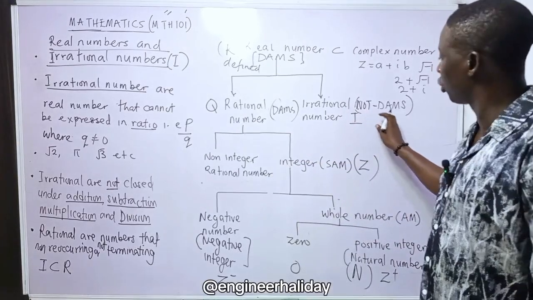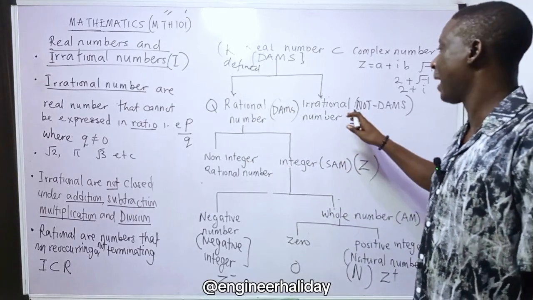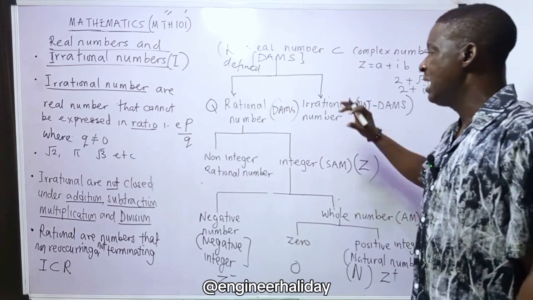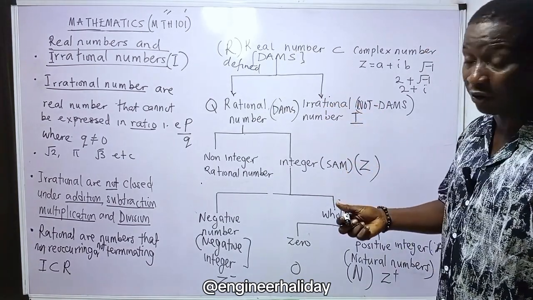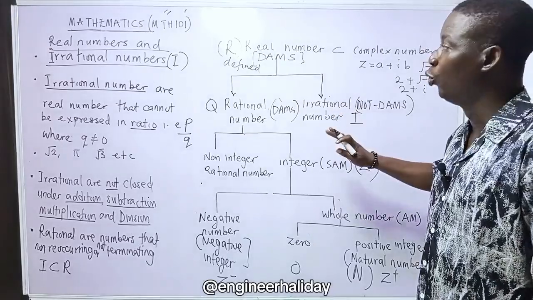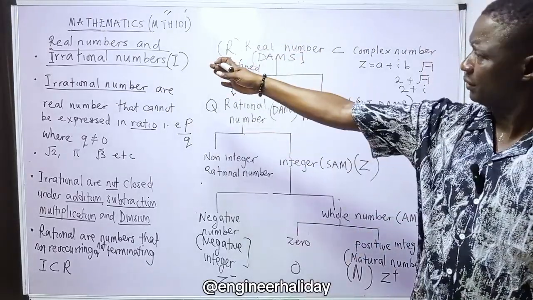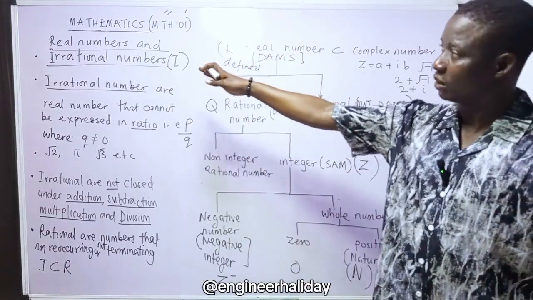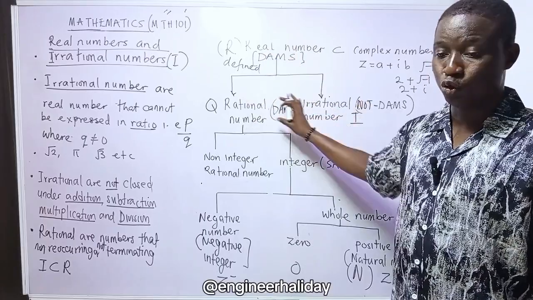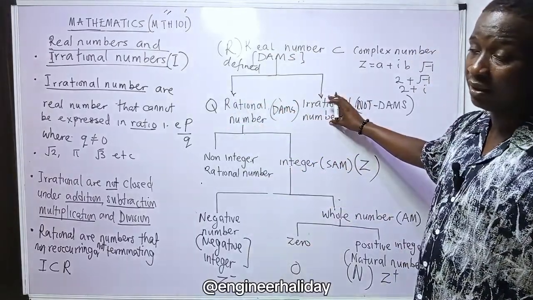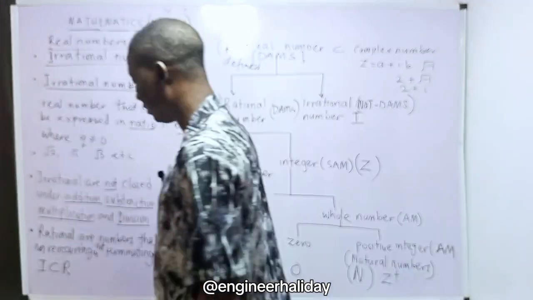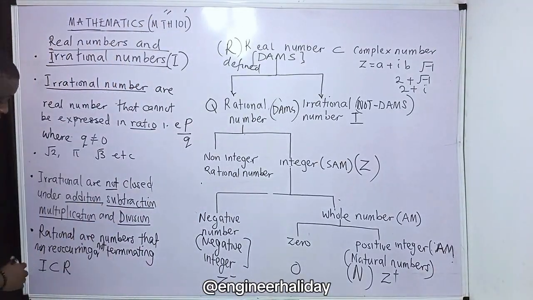Because of this non-closure property and its inability to be represented as a fraction, it is more difficult to study irrational number, so we study it alone alongside real number. It is like a real number giving birth to two children. One married and gave birth to more, and the other did not marry at all. That is why we say irrational number is a subset of real number.